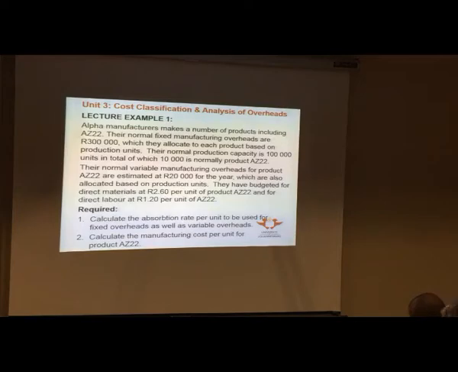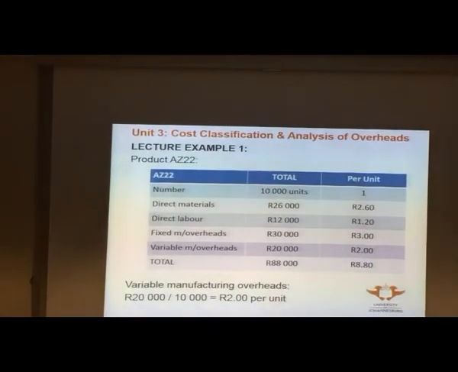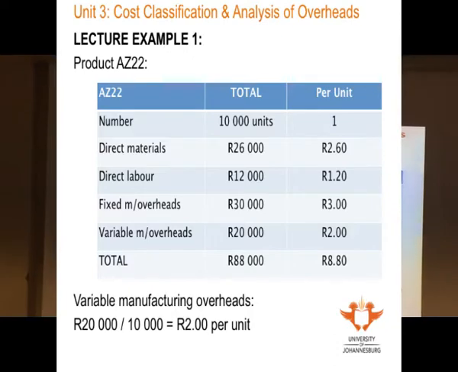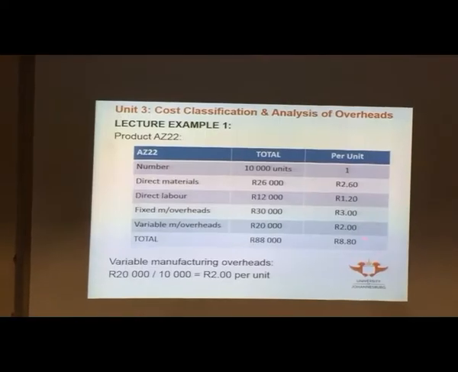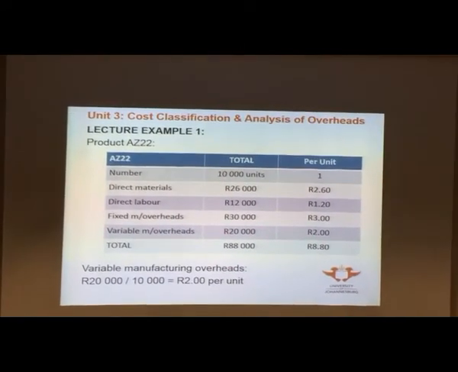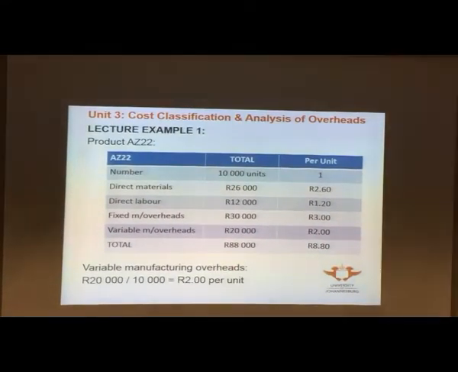Direct labor per unit is 1 Rand 20. Fixed manufacturing overhead allocation rate is 3 Rand a unit. Your variable manufacturing allocation rate is 2 Rand a unit. And your total cost per unit is 8 Rand 80 because your total is 88,000 Rand.